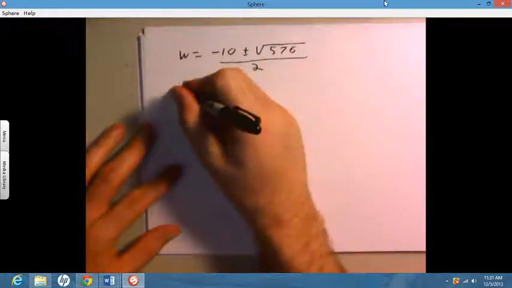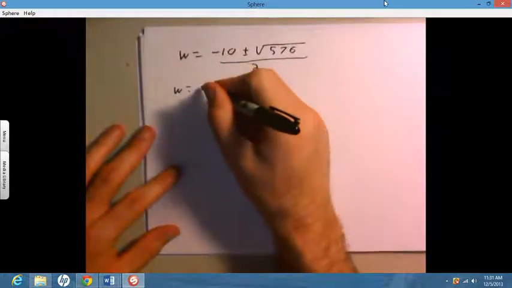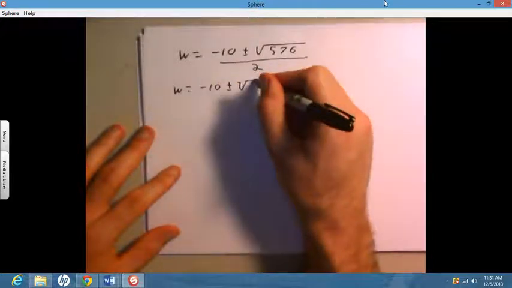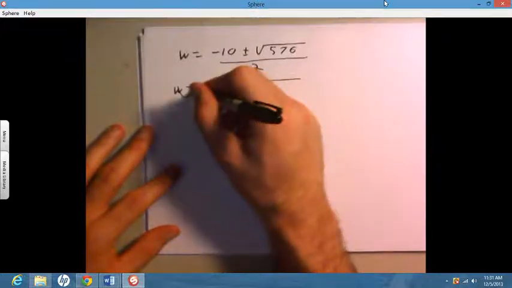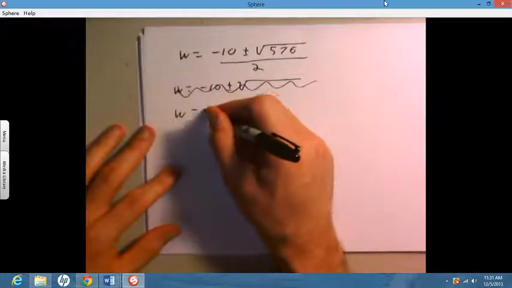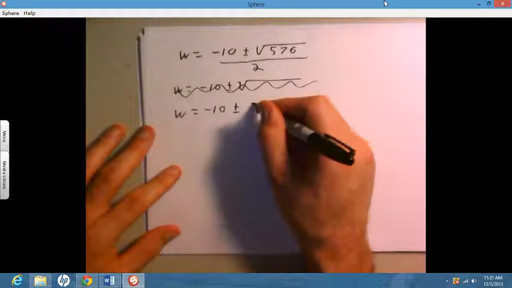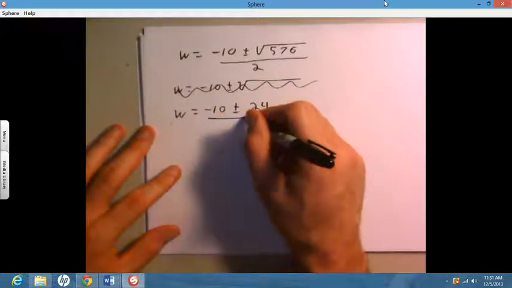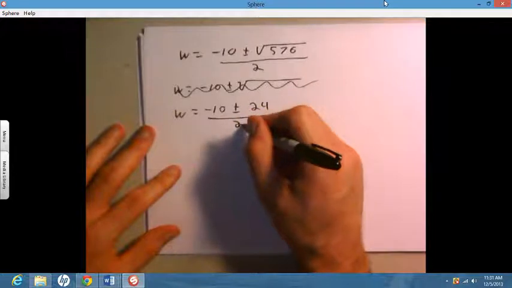So I'm going to replace the square root of 576 by 24. So w is equal to negative 10 plus or minus 24, divided by 2, right?